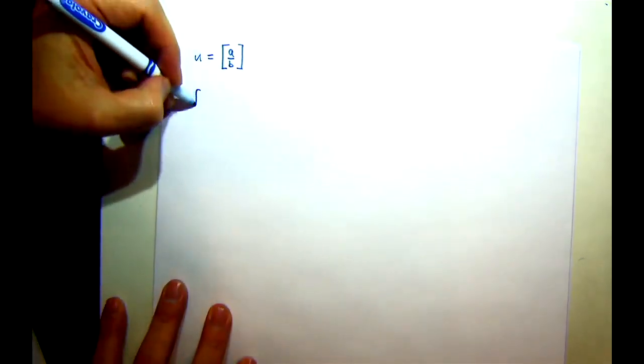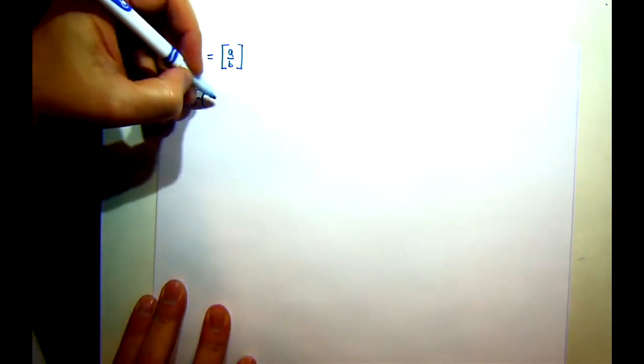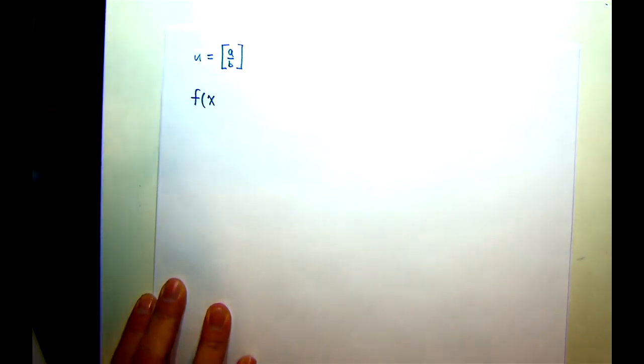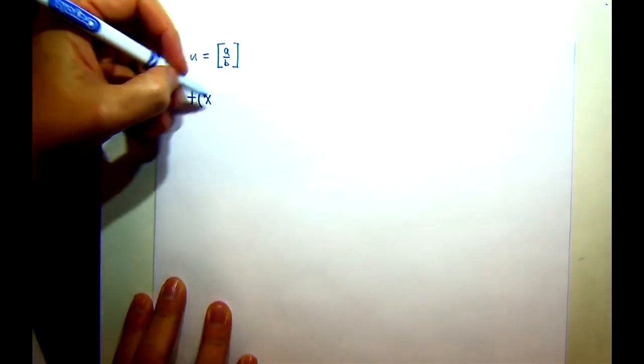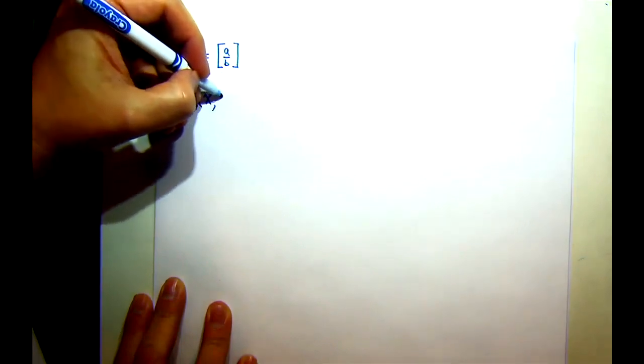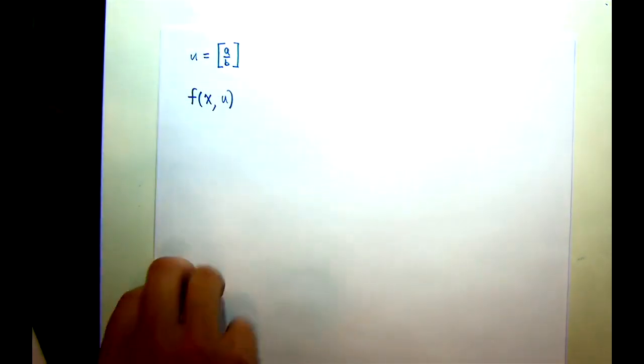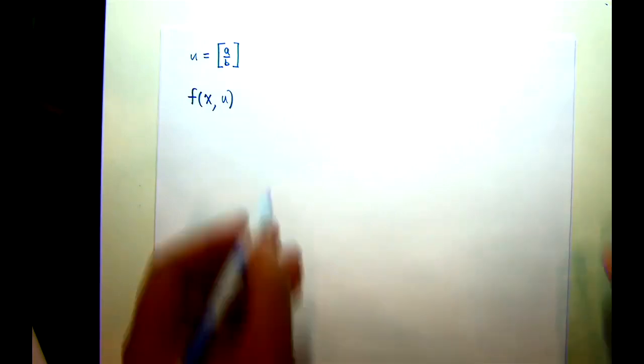And then we're going to have our function, some f, and it's going to take as input a training example, but it's also going to have some input of this u, the current u.